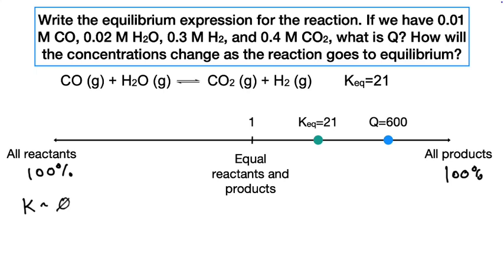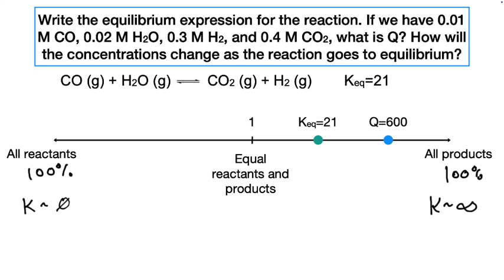What if we had a K where it was all products? What's that? That's approaching infinity. Okay? So we're looking at that system. Okay, so we're just trying to slide around that number line.